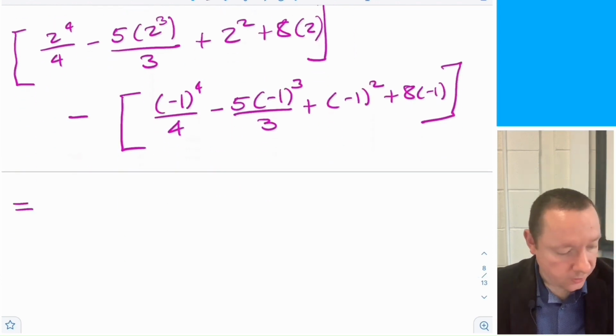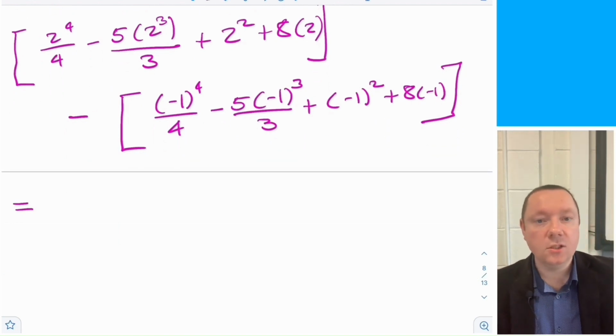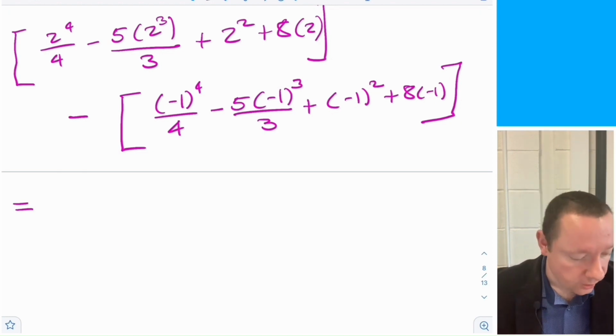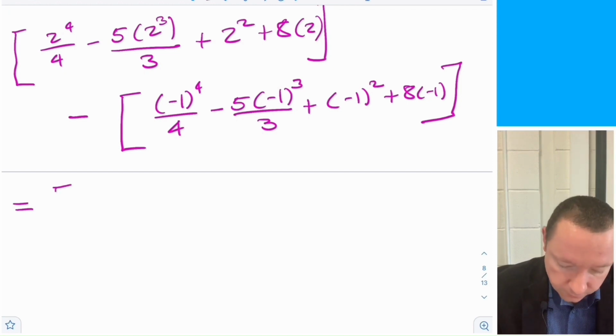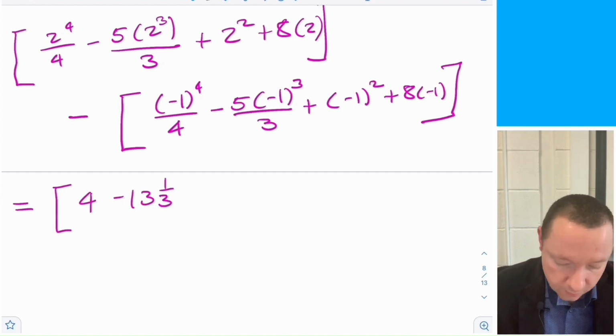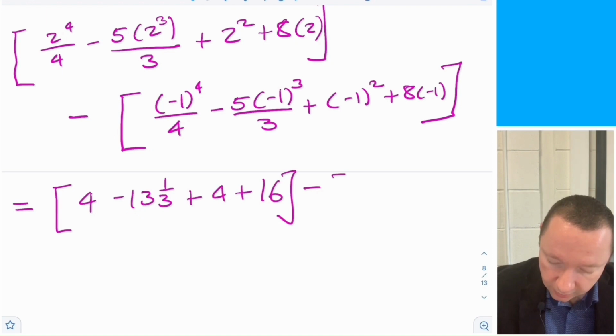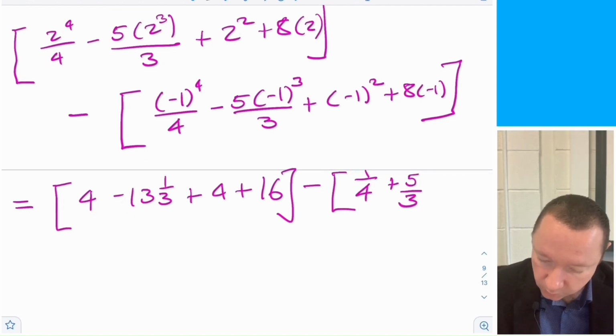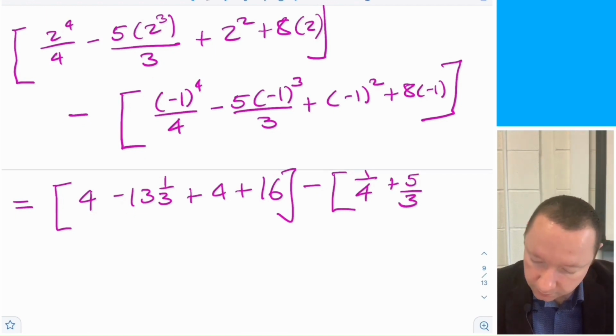So let's work out each bracket separately, and I'm going to keep it as fractions so that our answer is as nice as possible. I'm just using my calculator to get those fractions. So our first one, we have got 4 for the first term minus 13 thirds plus 4 plus 16, and we're taking away a quarter plus 5 thirds because it's minus times a minus, plus 1, take away 8.